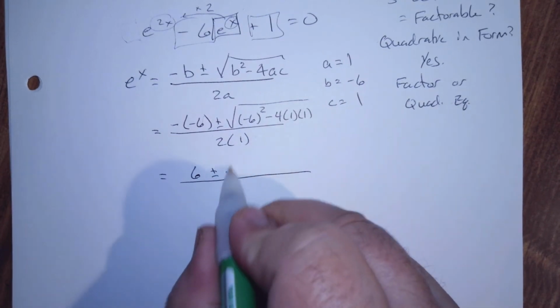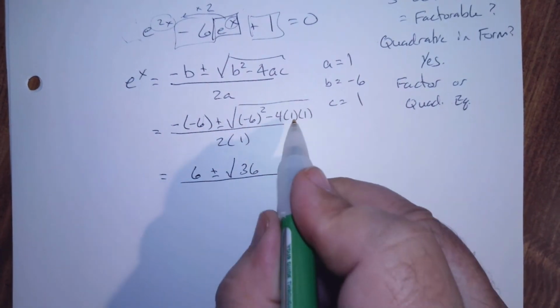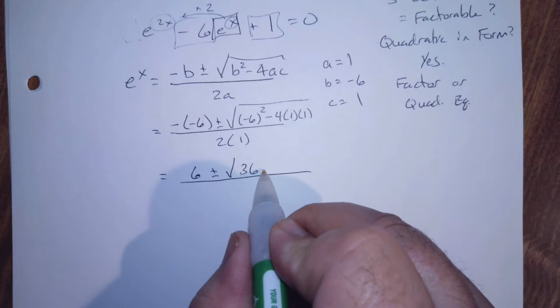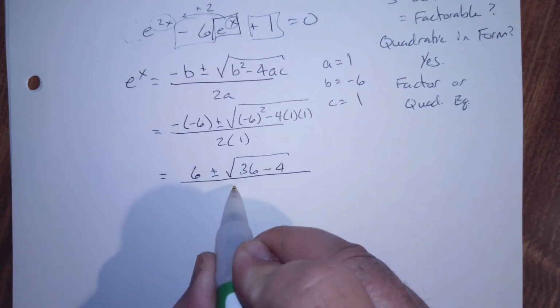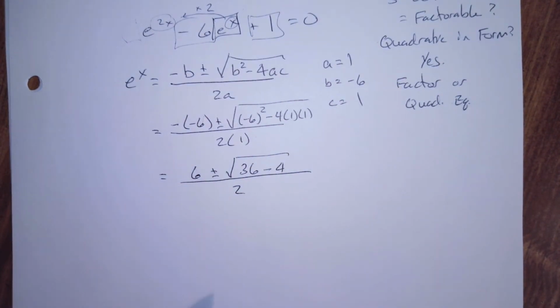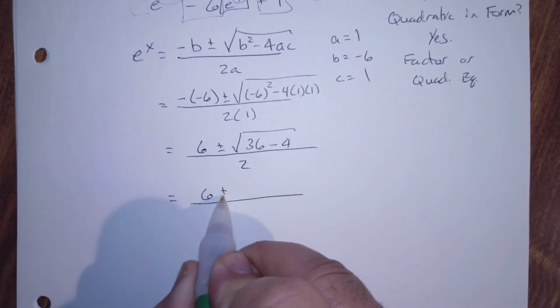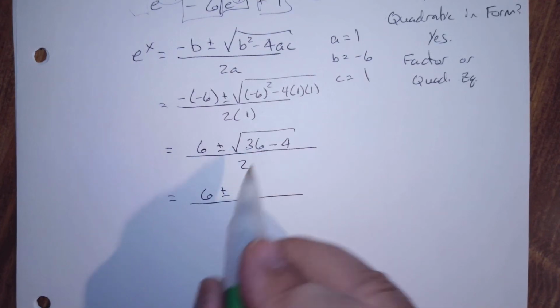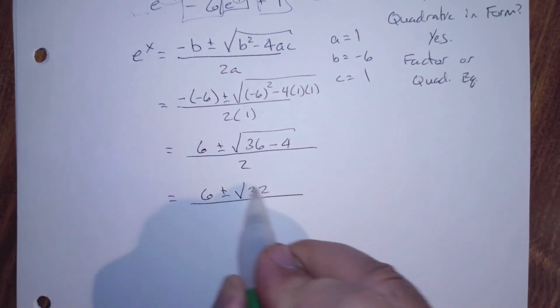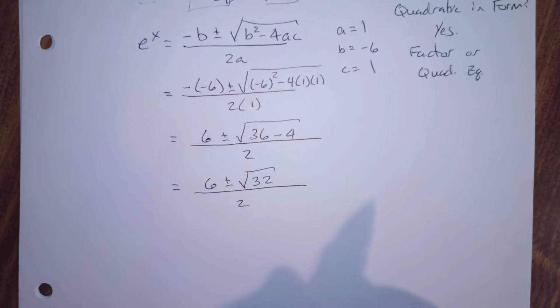Negative 6 squared is 36. 1 times 1 is 1, times 4 is minus 4, over 2. 6 plus or minus square root of 32 over 2.